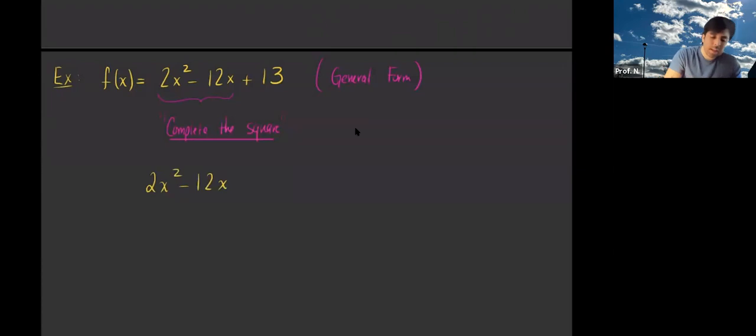We say, take the number in front of the x, the 12, divide by 2, and square it. That's what we normally do. But the problem arises when the a value, or the number in front of the x squared, is no longer a 1. It's something other than 1. In this case, this is 2. So complete the square, but be careful with this.